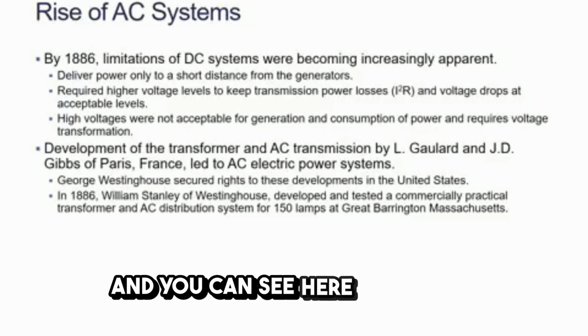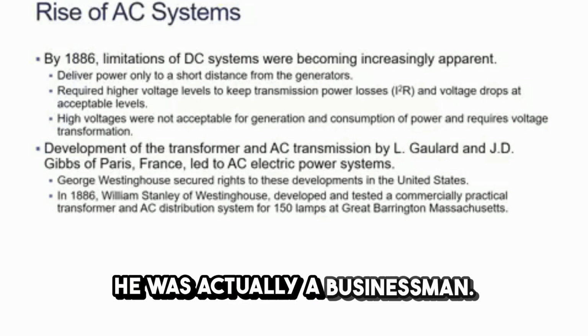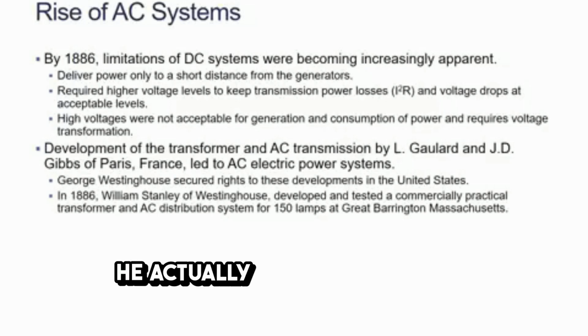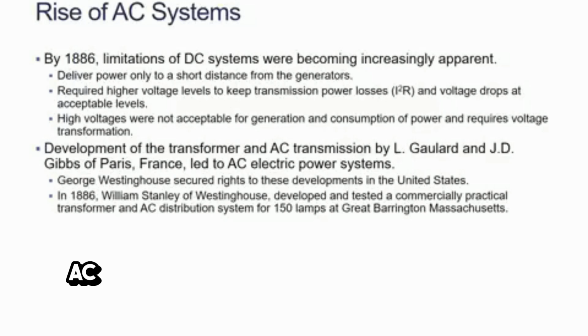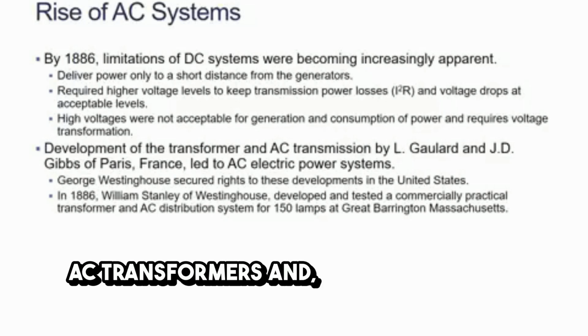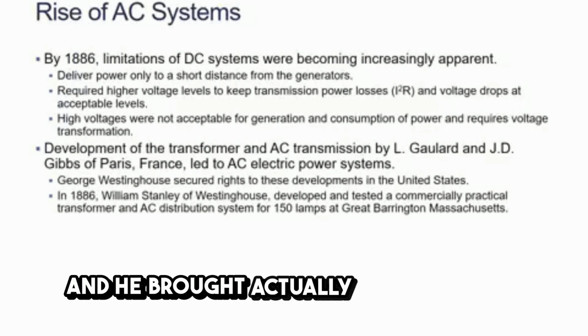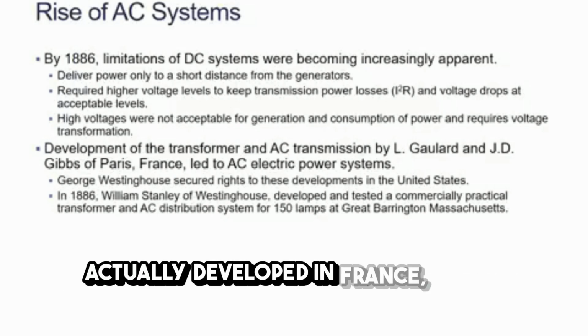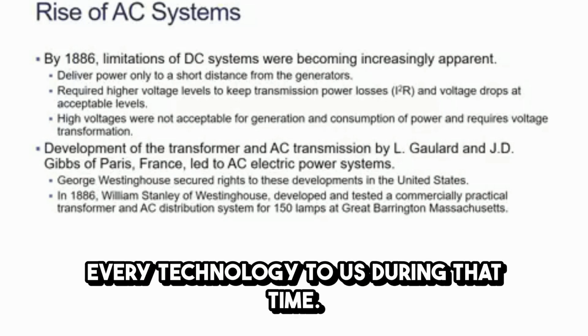And you can see here that there was a person called George Westinghouse. He was actually a businessman who invested money in developing AC transformers and transmission systems. It was actually developed in France, but he brought the technology to the US during that time.